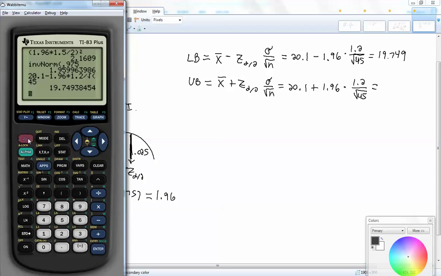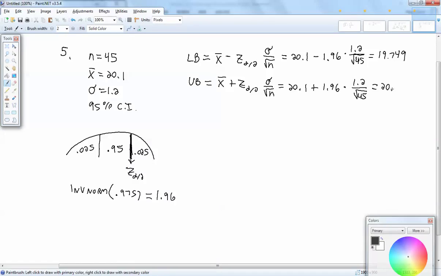If I do 2nd Enter, that'll bring up the previous entry, and I can up arrow and then right arrow over, put a plus there, and press enter. That gives us 20.451, assuming I typed it in correctly. So our confidence interval would be 19.749, comma, 20.451.